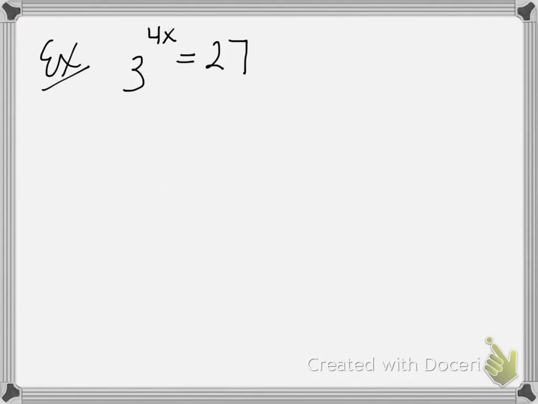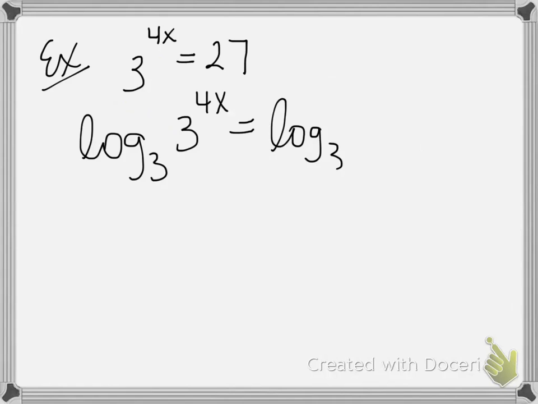The next problem is 3 to the 4x equals 27. So my base number is 3, so I'm going to do log base 3 of 3 to the 4x equals log base 3 of 27. Log base 3 of 3, they cancel each other out and just leave me with 4x. See the 4x?